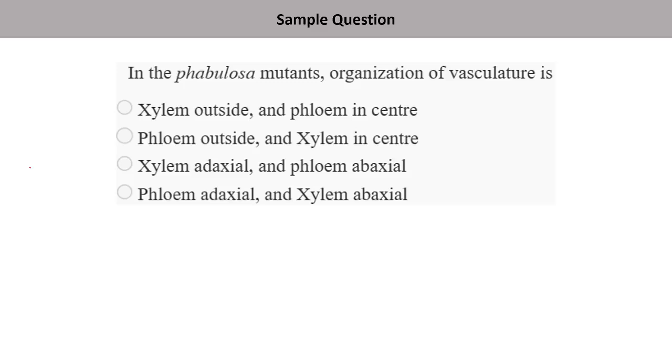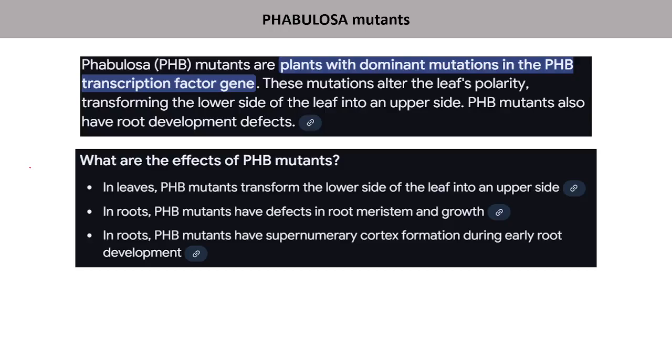To understand this question, let's first understand what fabulosa mutants are and then come towards the organization of the vasculature. Fabulosa mutants are plants with dominant mutations in the PHB transcription factor.